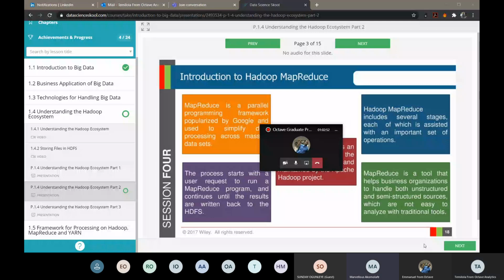Before you go further, I might have a question, and I don't want us to go too far before I draw you back. Going back to the HDFS architecture, we mentioned the name node and the data node.